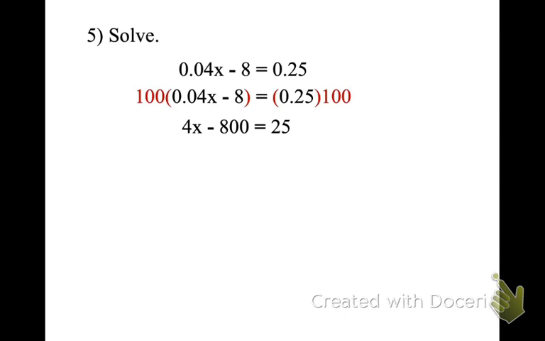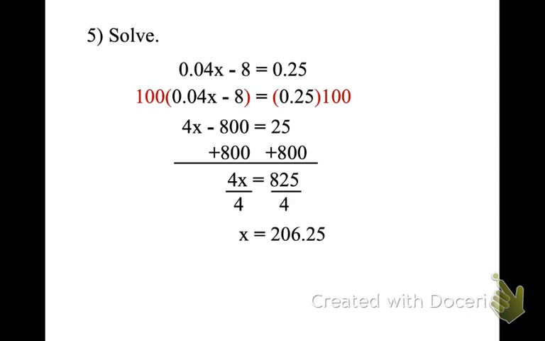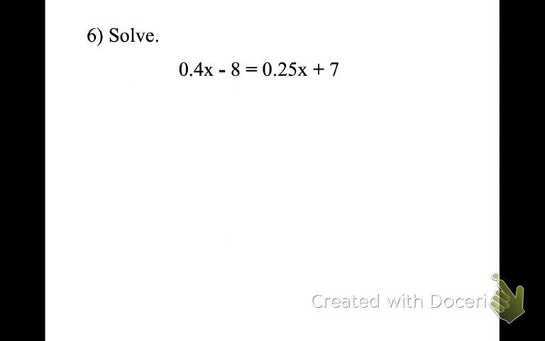I'm going to add 800 to both sides. So 4x, divide both sides by 4, and we get x equals 206 and 25/100. Or I guess you could just leave that as 825 over 4. I would be okay with that.